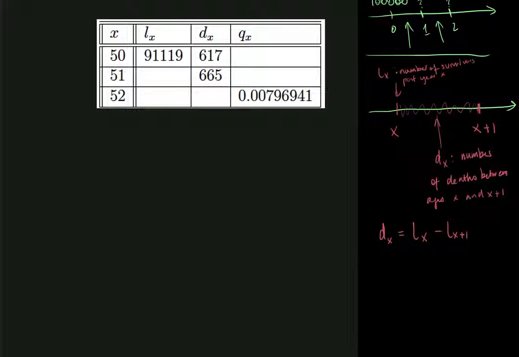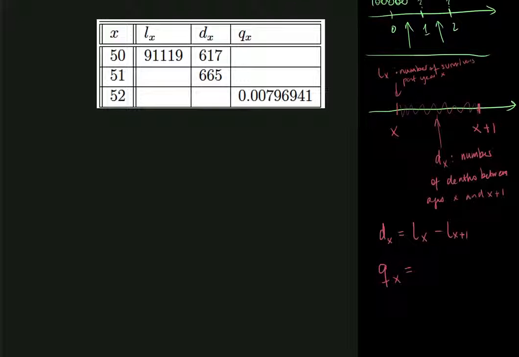But we do have Q as well, qx. So qx is the probability of death for an x-year-old within 1 year, with the invisible 1 up in front of the Q. And it is actually just the ratio between number of deaths and number of survivors.